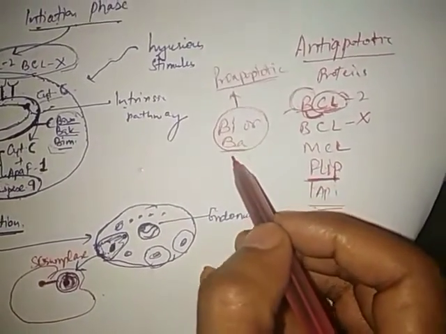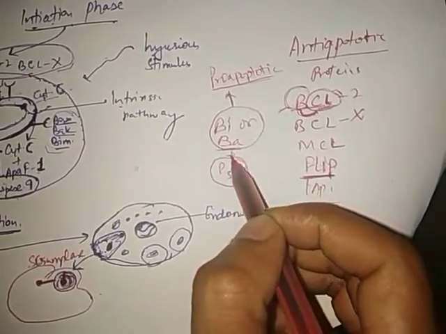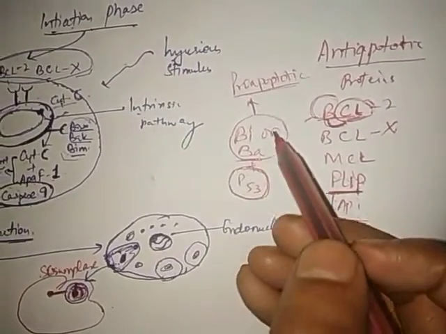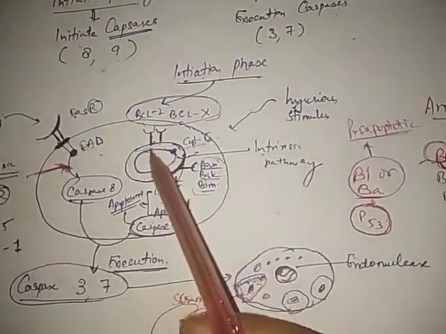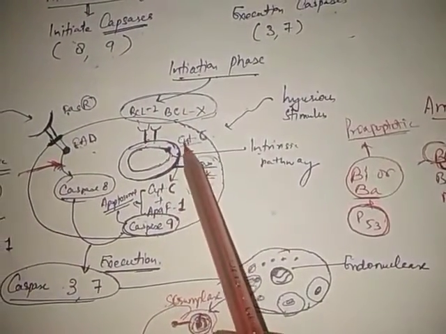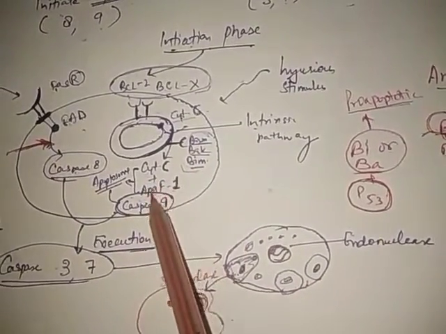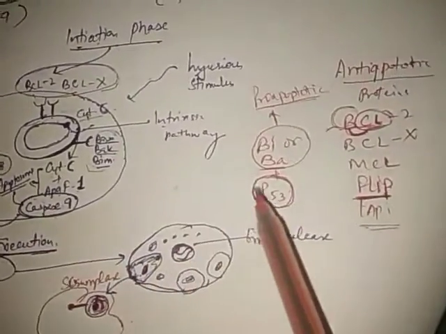You also remember that P53 is also pro-apoptotic, that induces apoptosis. So pro-apoptotic proteins are also whatever is here, like cytochrome C, Bax, Bak, cytochrome C, APAF1, caspases. These are all pro-apoptotic proteins.